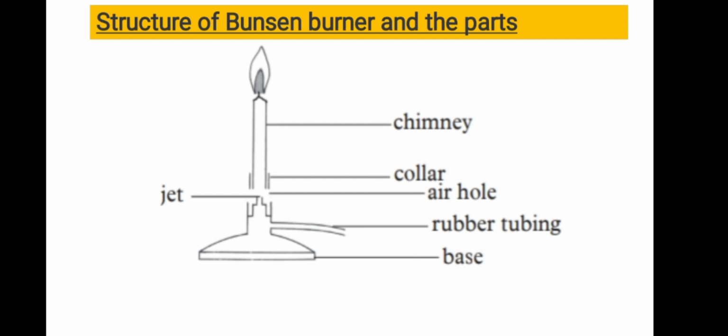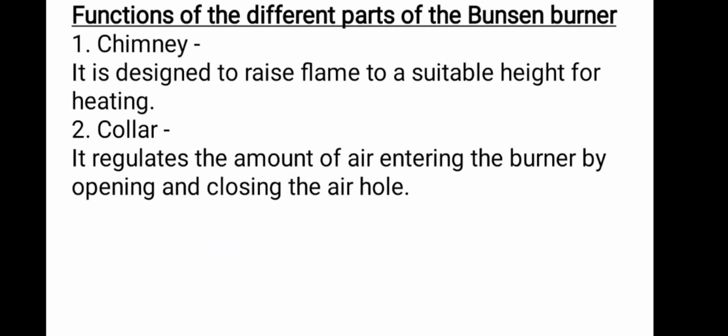Now, the Bunsen burner is made up of some features, some parts. First is the chimney, we have the collar, we have the air hole, we have the rubber tubing, we have the base, and we have the jet. And these are the functions of the parts.